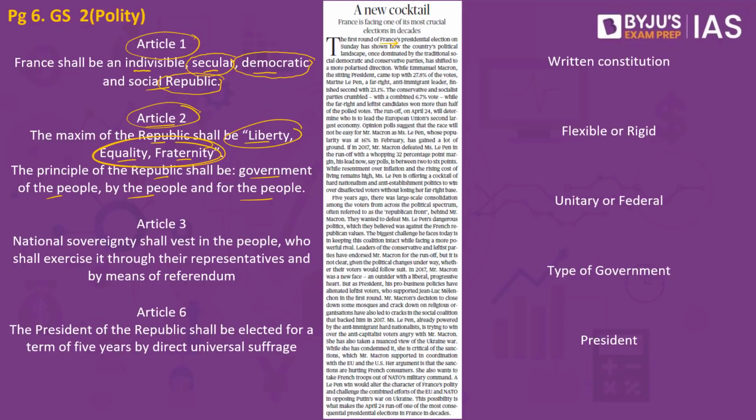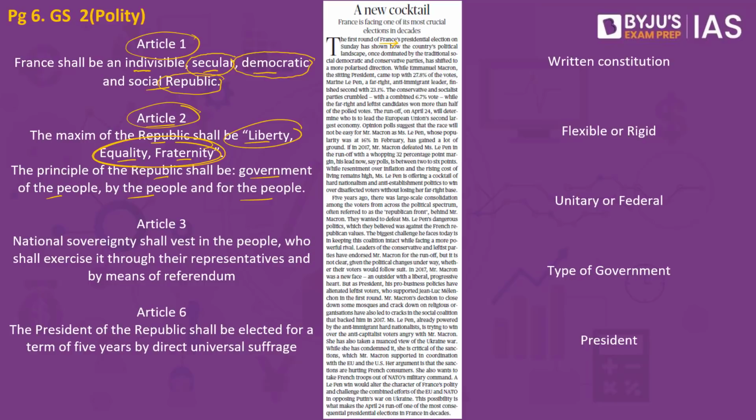The principle of government of the people, by the people and for the people is also synonymous with the definition of democracy. Generally, when we ask what democracy is, we say that democracy is of the people, by the people and for the people. This is clearly articulated in Article 2 of the France Constitution.